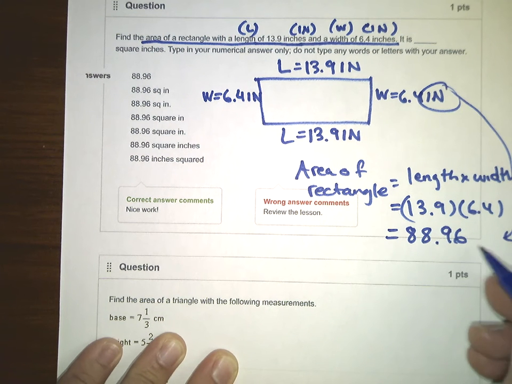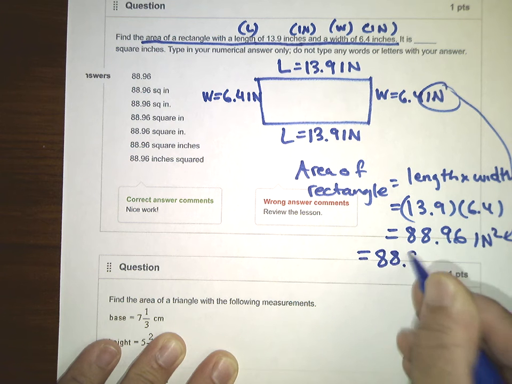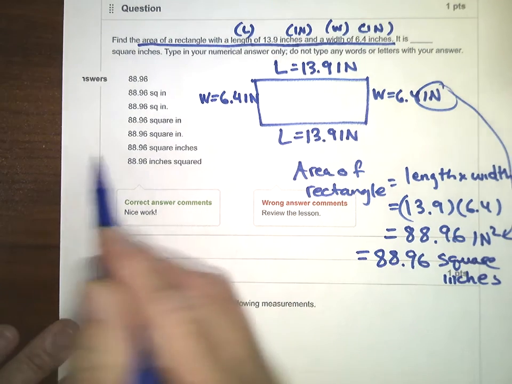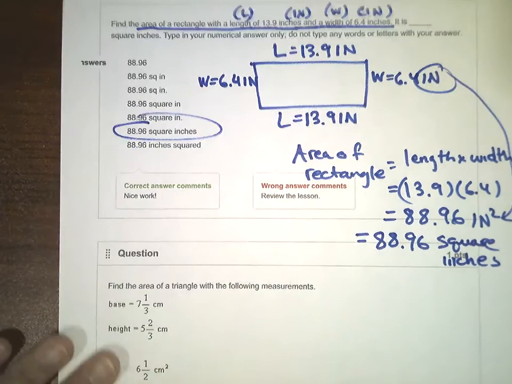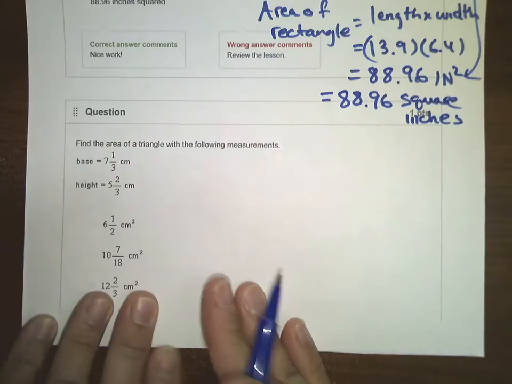So my final answer here will be in inches squared, or you can write it as square inches. What a time to be alive. So 88.96 square inches.